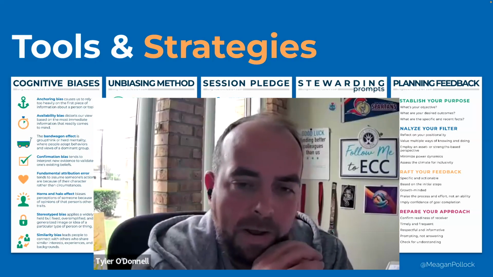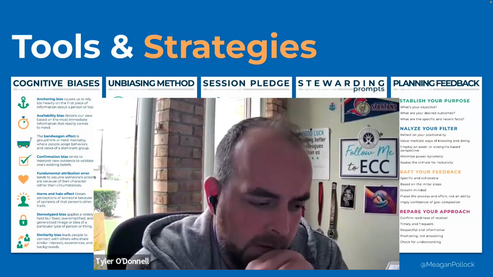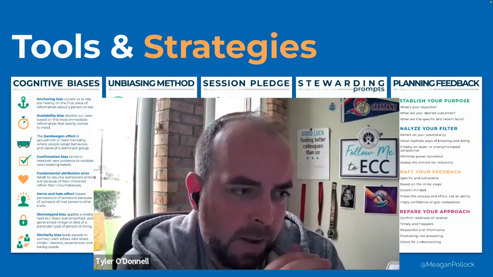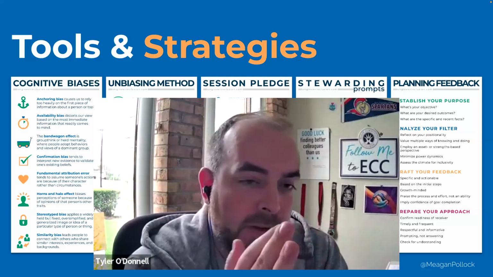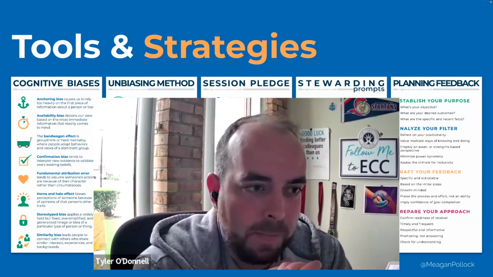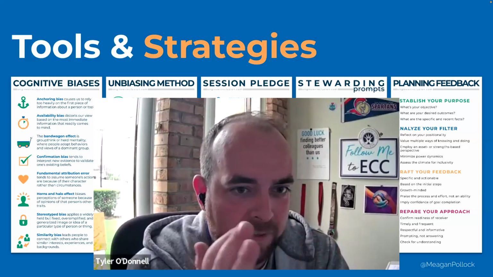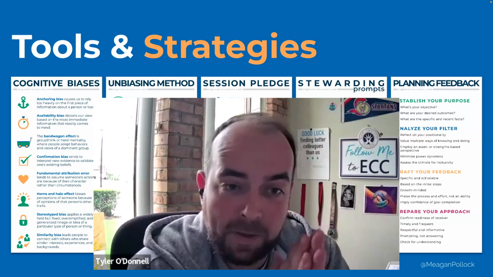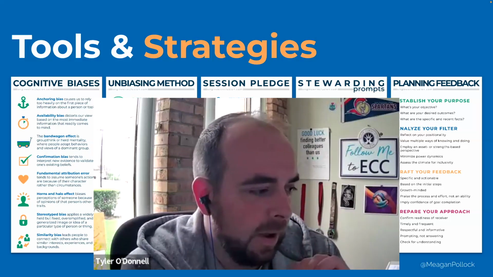Yeah, kind of similar to Heather. I haven't been on a tenure committee yet, but I've been doing observations. So I found them all very helpful. I put them up on my wall, the cognitive biases, the unbiasing method, and then the session pledge.